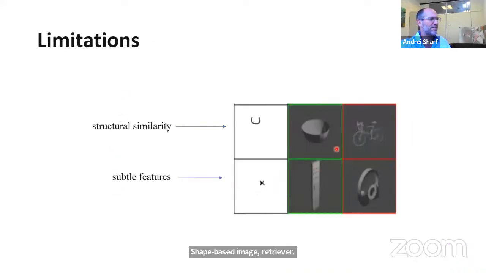Of course, the model has limitations. When the sketch is not significant enough, here we draw something that is circular, so we have something circular also in this cup, but also in the bicycle. So sometimes it will not be sufficiently separating.